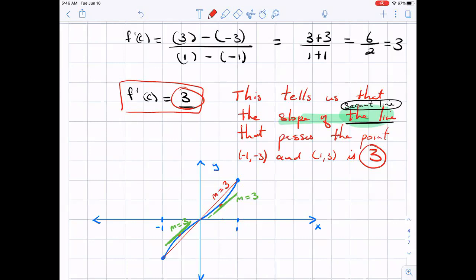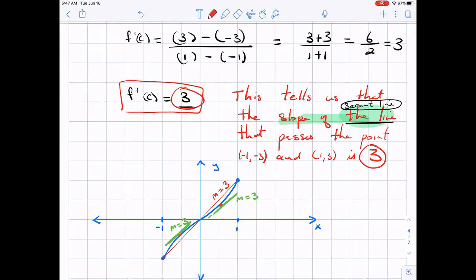Just to recap, Rolle's theorem tells you that if the function is continuous on a closed interval and f of a is equal to f of b, then there is some value c, where the function is continuous and differentiable, at which f prime of c is equal to 0.